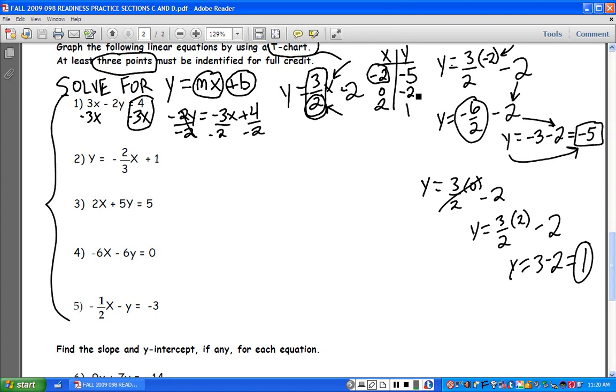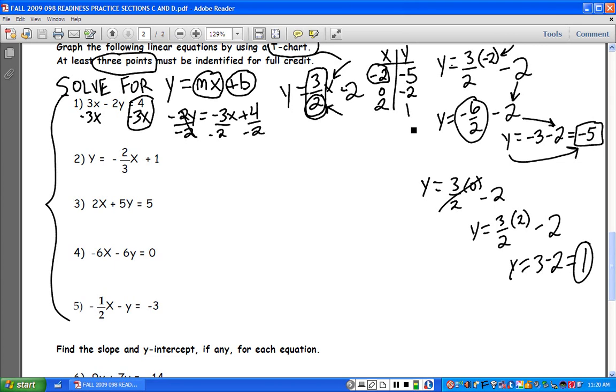And if I add 3 to negative 2, I get a positive 1. So the pattern we see here is increasing by 3. So if the next number was a 4 on the x side, then we'd have a 4 over here on the y.